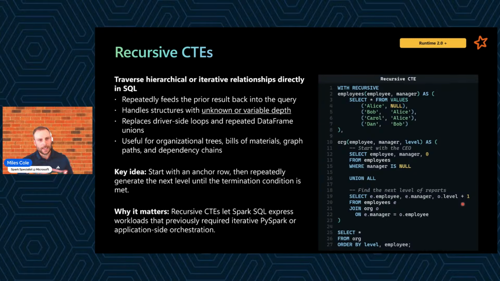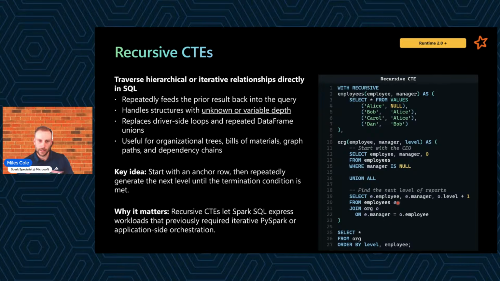You can get creative working with migrating CTEs pre-Spark 4, but the big challenge is as you have hierarchies with unknown or variable depth, it's extremely complicated to refactor that code in a way that runs properly and performantly in Spark. Now with recursive CTEs, you don't have to worry about that. Unknown variable depth is all handled out of the box.